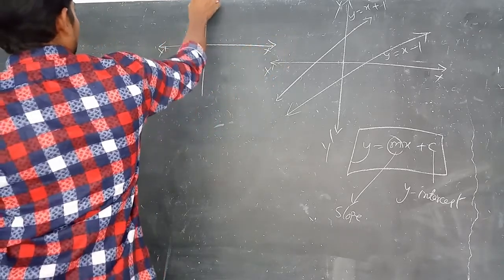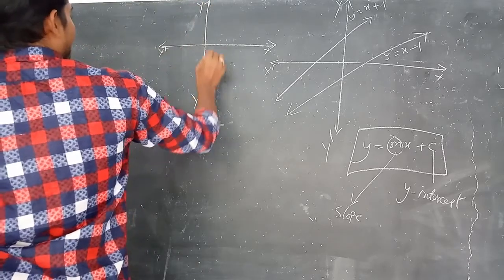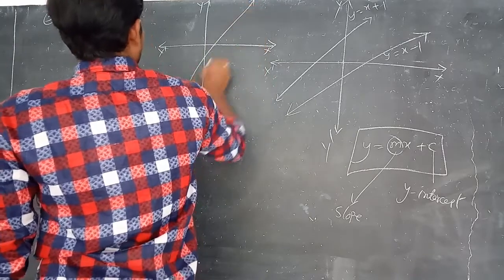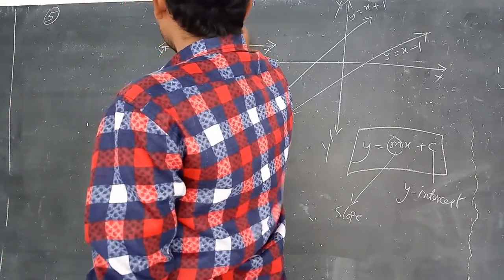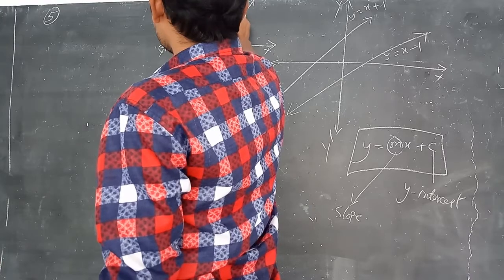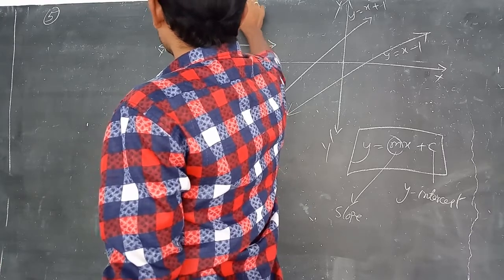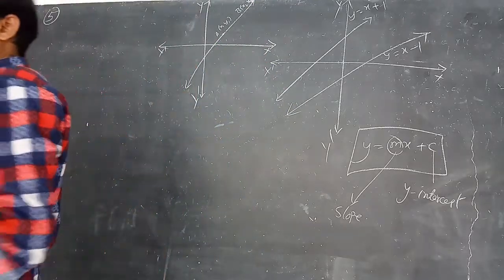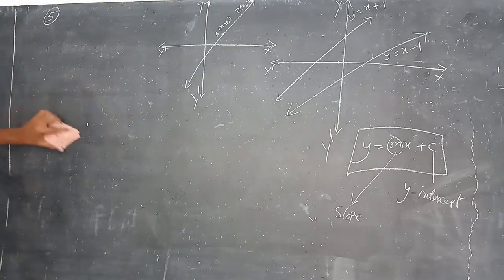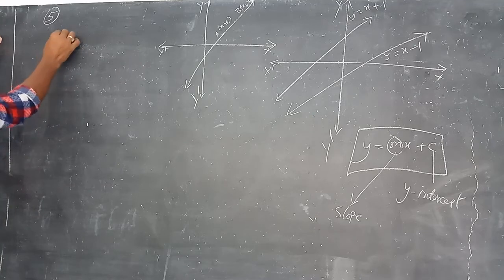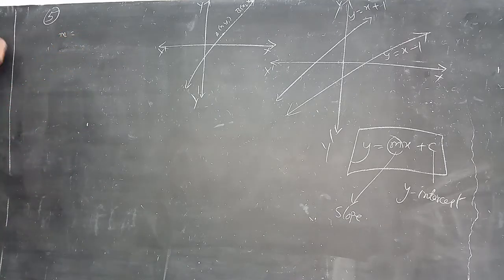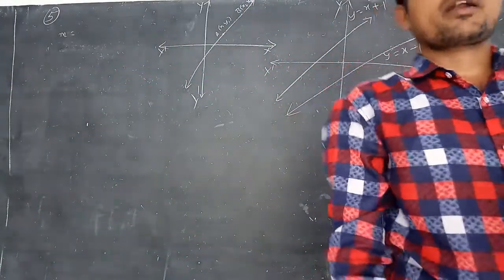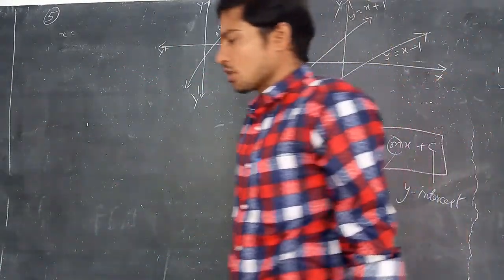On the x-axis, suppose a line has any two points given, x1 y1 and x2 y2. Then the slope: the ratio of the difference between the y coordinates and the x coordinates is called the slope.